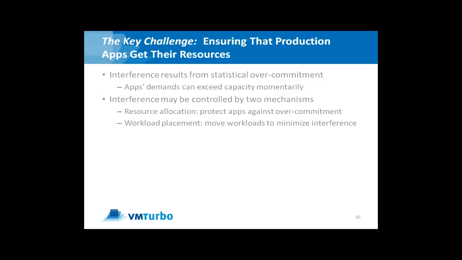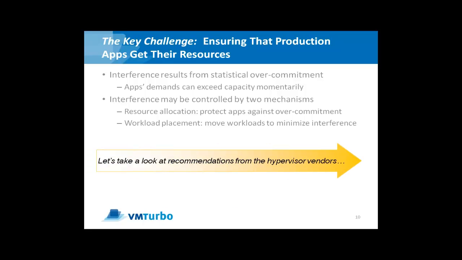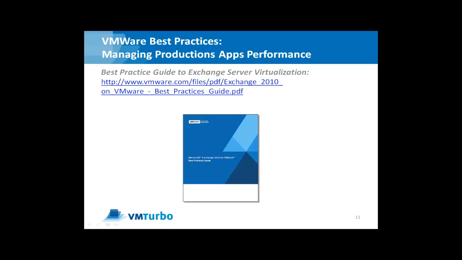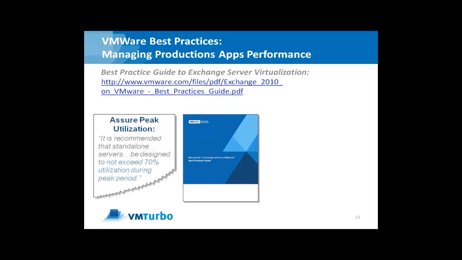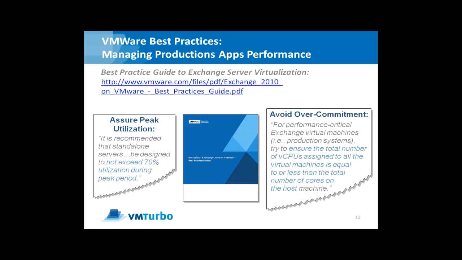One is resource allocation, to make sure that the resources are not overcommitted. And the second is workload placement, where the workloads should be placed. So let's take a look at what a typical recommendation from the hypervisor vendor may be. This is a particular example from VMware for virtualizing Exchange, but we find very similar things from other vendors and for other mission-critical applications.